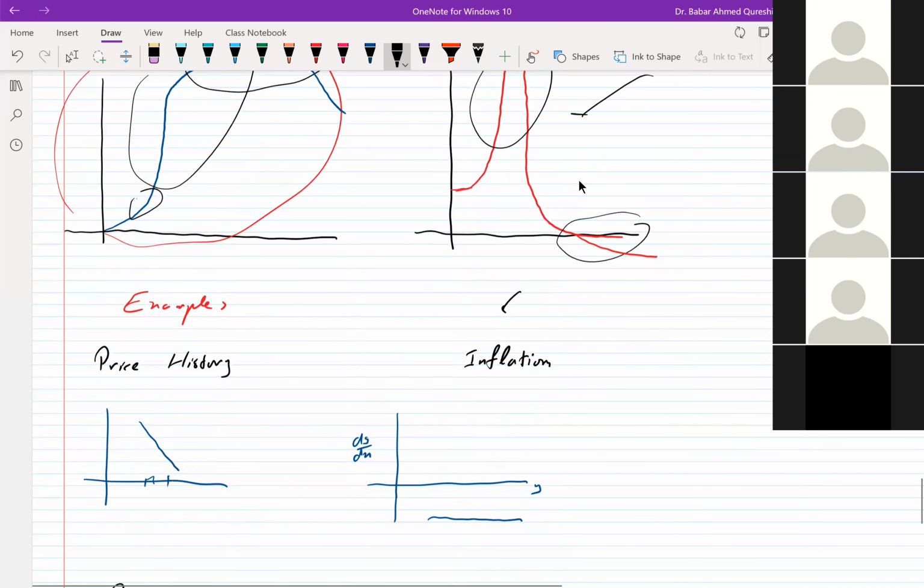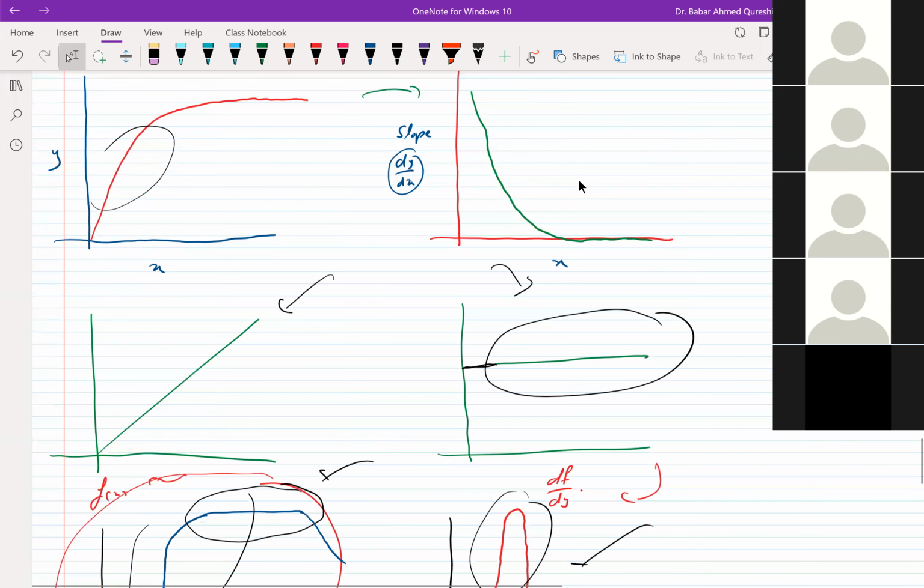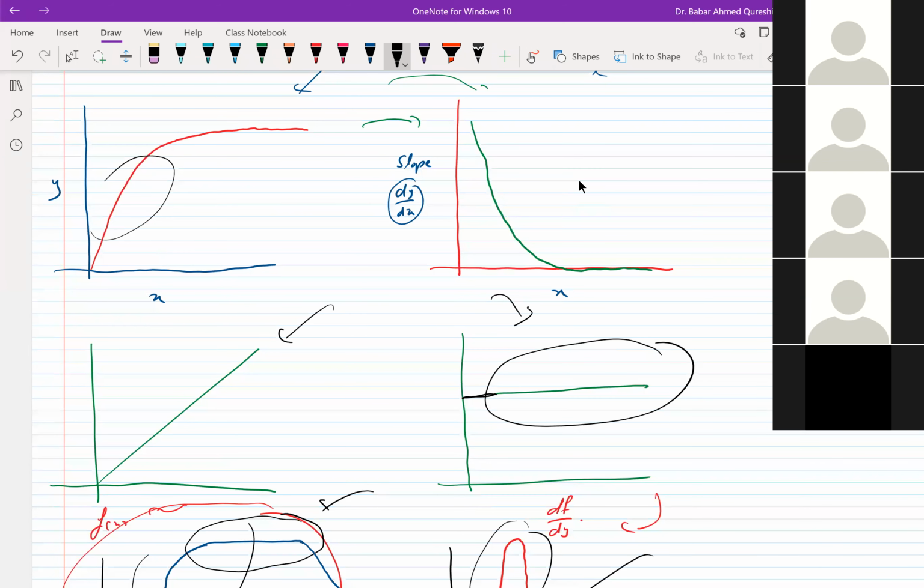So as I said, this is what you do. Given this graph, you find this graph. This is called the differential calculus. But you can go the other way as well. If you're given this graph, you can go back and recover the actual.